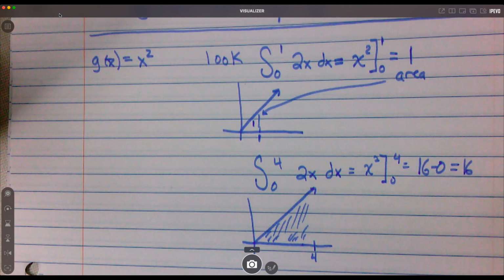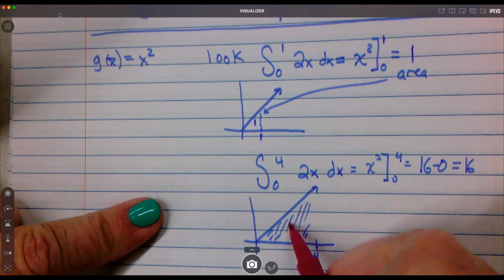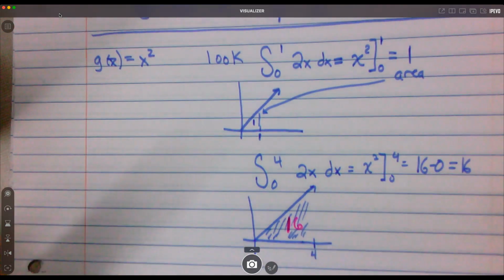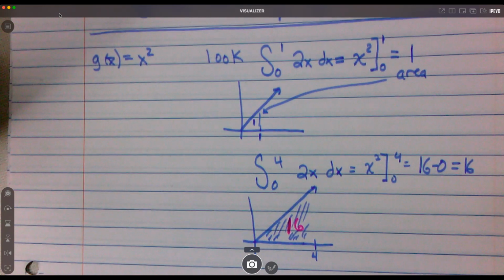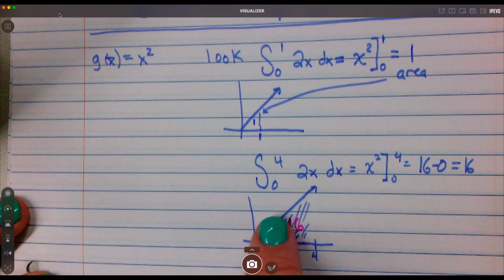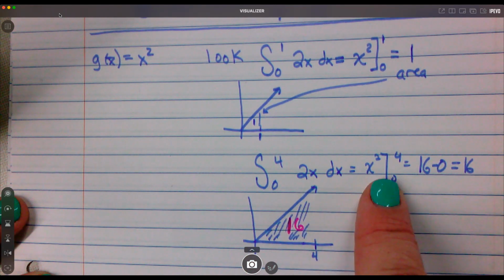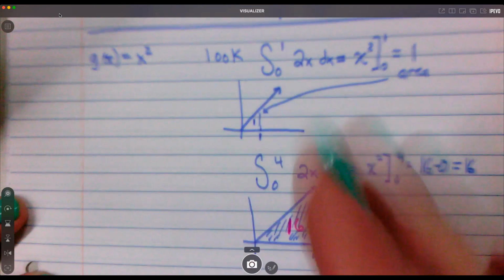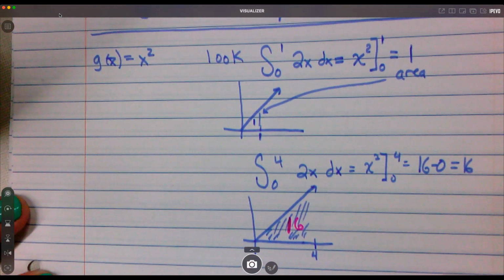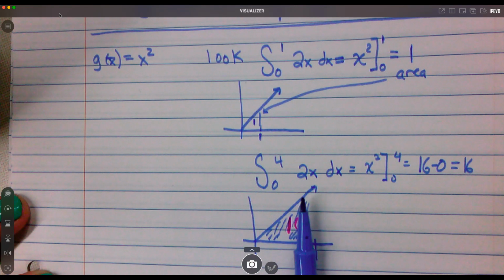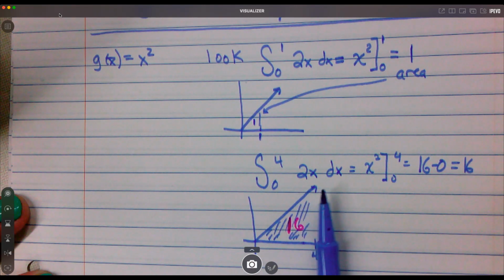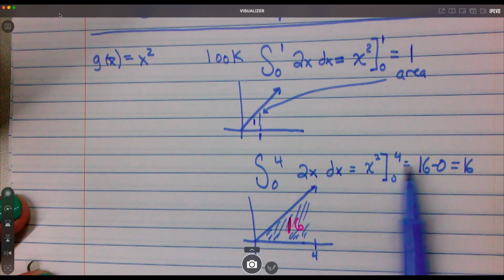So that means that this area inside of here is 16. And so what integral defined functions are good for is looking at how this area grows, right? So if I just keep changing this upper number, then what basically happens is, and I have this on Desmos, but I'm not going to play it just yet. What basically happens is we see the area growing and growing and growing and growing.